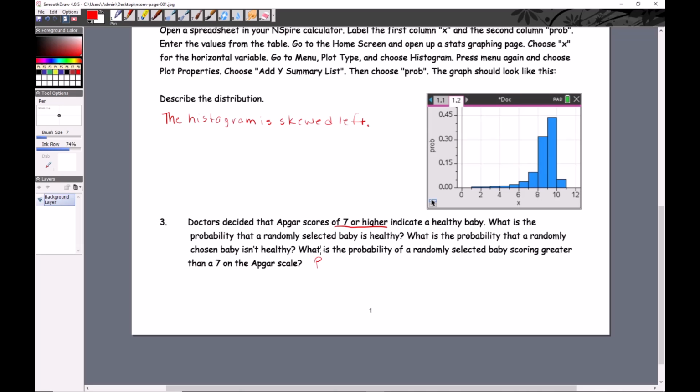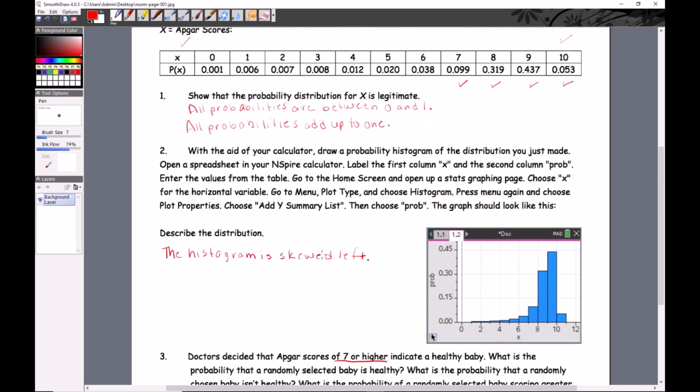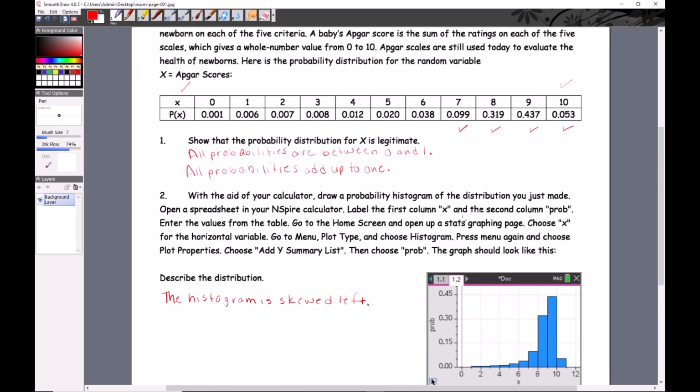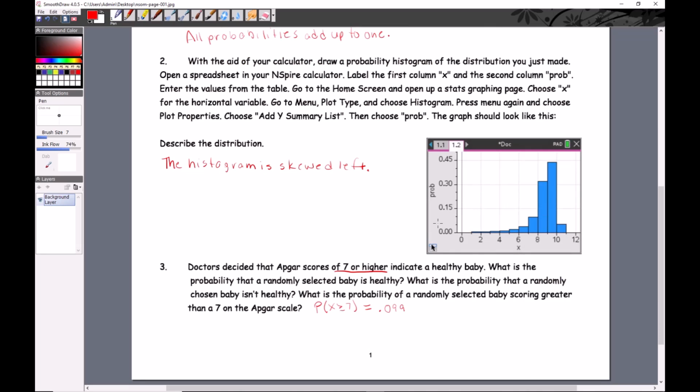All right, so that's the probability of, let's see if we can get that up here. 7 is 0.099, so this would be the probability that x is greater than or equal to 7. Or you could say probability that x is greater than 6. That'll be 0.099, and I conveniently left my cheat sheet away, so plus 0.319 plus 0.437 plus, and this last one I remember was kind of small, 0.053.